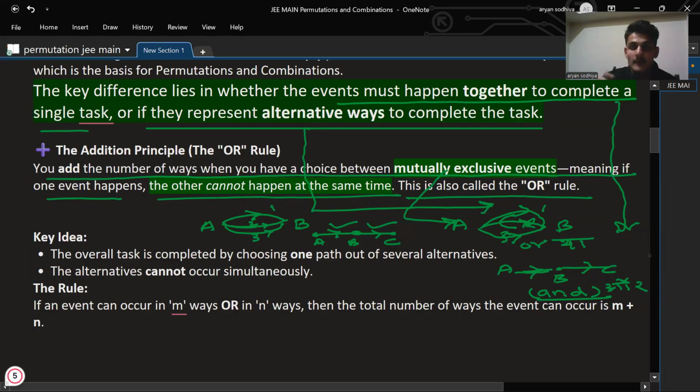Understand in this manner: when the events are not sequential, they can be mutually exclusive. But sequential events can never be mutually exclusive. Remember this point: sequential events can never be mutually exclusive.